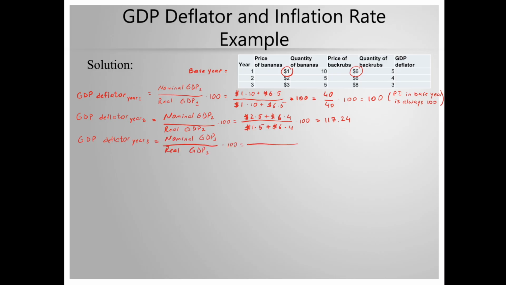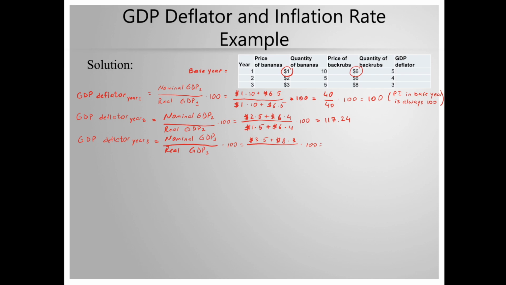Let's calculate the GDP deflator in year 3. The nominal GDP in year 3 is current prices, which is $3 for bananas times the current quantity of bananas, plus the current price of back rubs, which is $8, times the current quantity of back rubs, which is 3. What about real GDP in year 3?